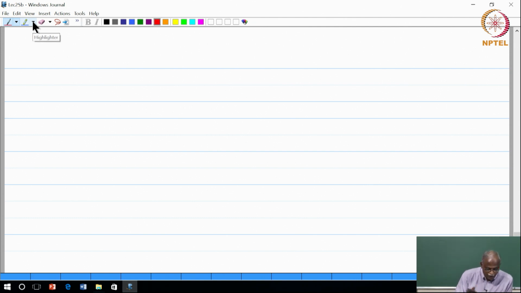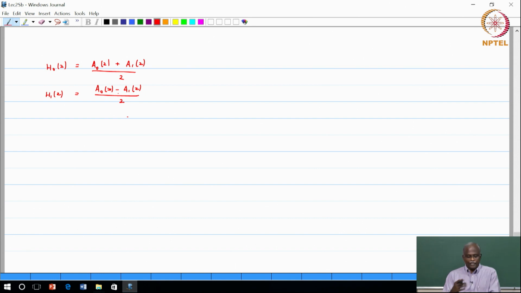Our goal is to come up with a set of transfer functions, H naught of z equal to the sum of two all pass functions, A naught of z plus A1 of z, divided by 2, and H1 of z equal to A naught of z minus A1 of z, divided by 2. Again, this is why we even studied the all pass functions, because of the relationships that exist between H0 and H1.